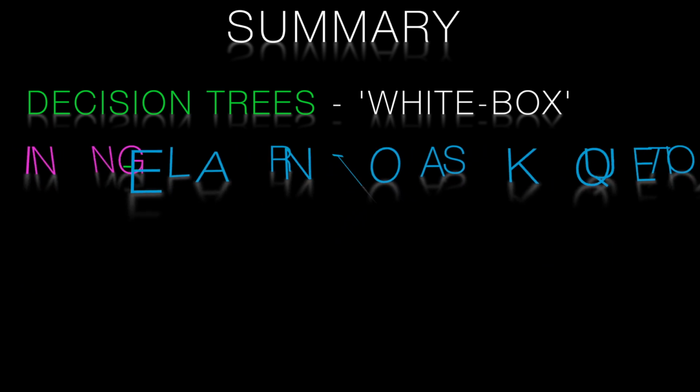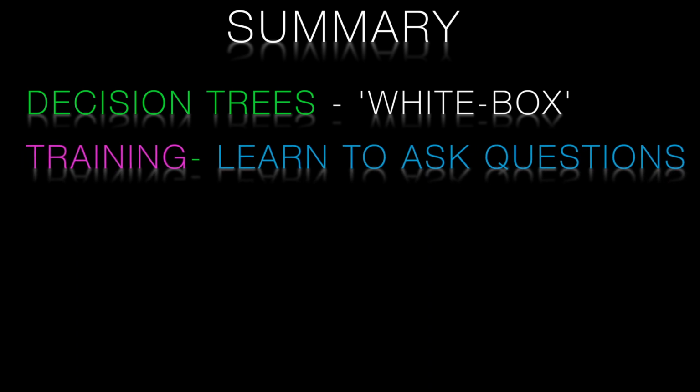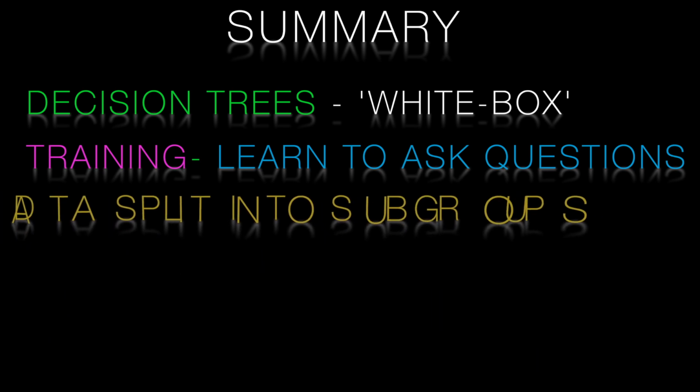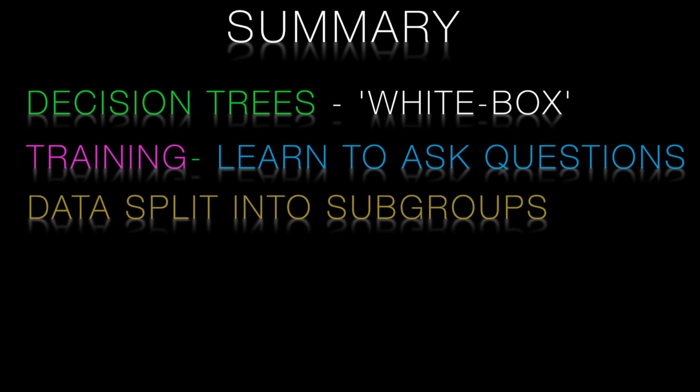During training, decision trees learn to ask a series of questions that will separate the data into distinct classifications. The questions are ones with binary outcomes: yes, no, greater than, less than, member or non-member of a particular set. These questions split the data into smaller and smaller groups.